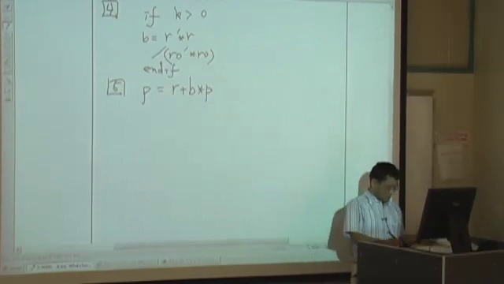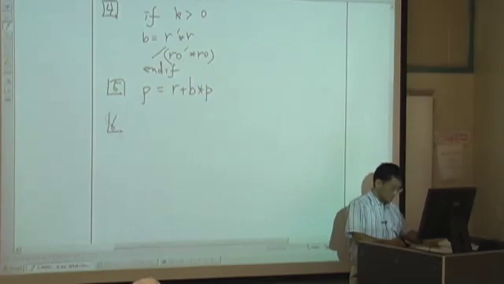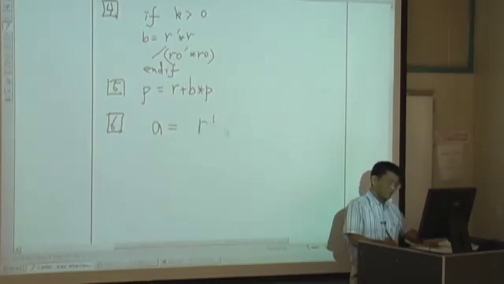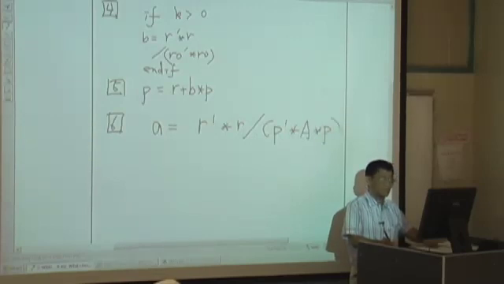Then I will use my note instead of going back. And the sixth line is alpha k, right? Alpha equals Rk transpose multiplied by Rk over Pk transpose multiplied by A matrix multiplied by Pk. And then x is equal to previous x plus alpha and then Pk.